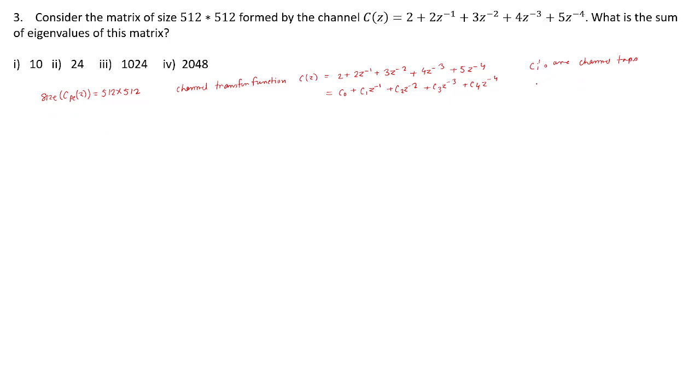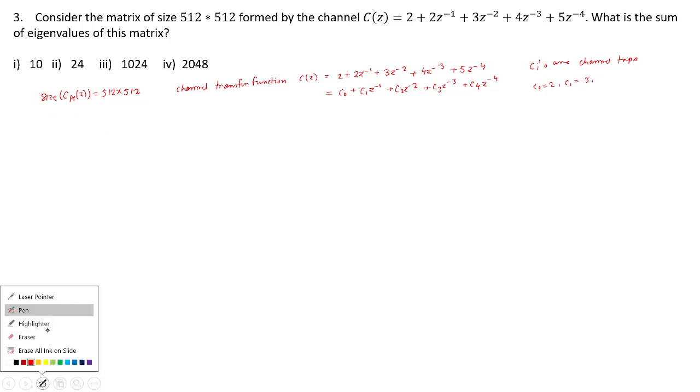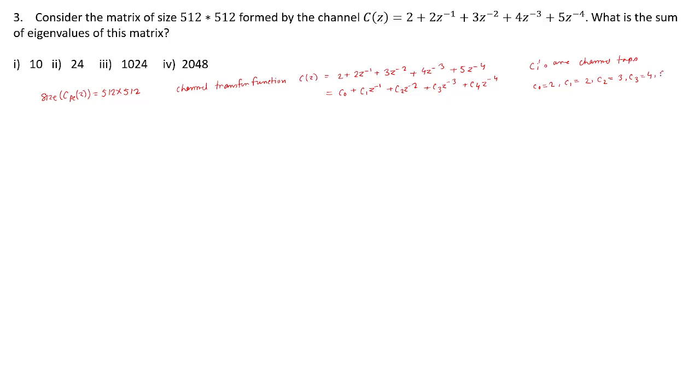So you obtain C naught equal to 2, C1 equal to 2 also, C2 equal to 3, C3 equal to 4, C4 equal to 5.